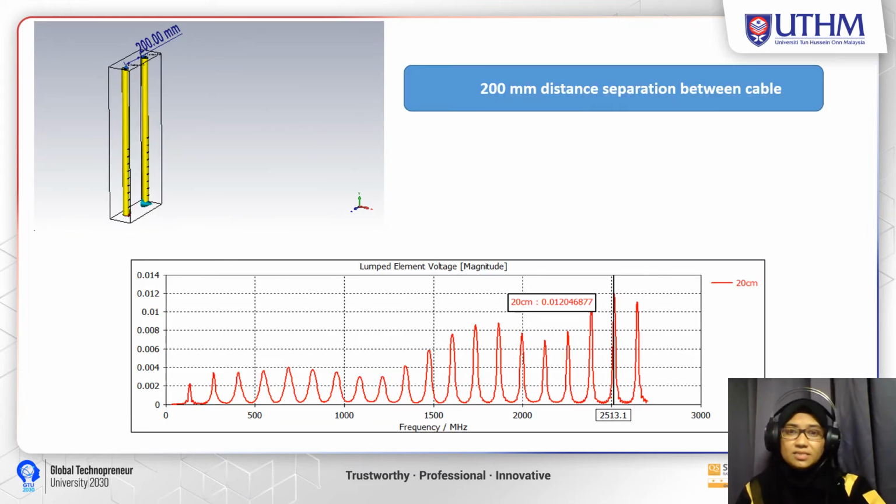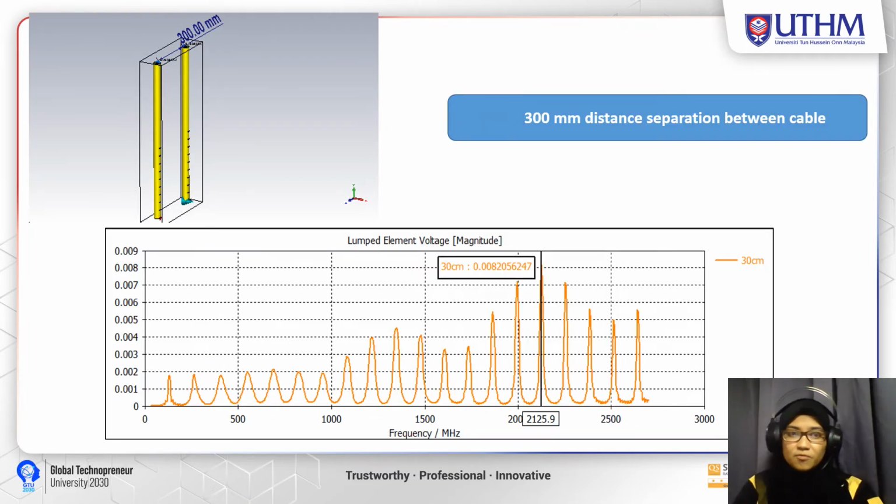This is the second result, for 0.2 meter distance separation between cables, and the graph shows that the maximum induced voltage recorded is 0.012 volt at the 0.2 meter separation between cables.